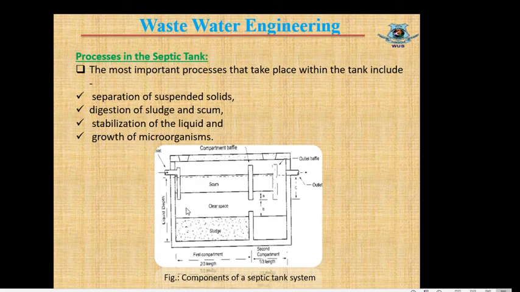That means partially clear water is stabilized in the middle part of the tank, and growth of microorganisms, as this is partially treated water and only free from solid waste. So here as the water stabilizes, microorganisms also increase, and these are the processes that take place in septic tanks.